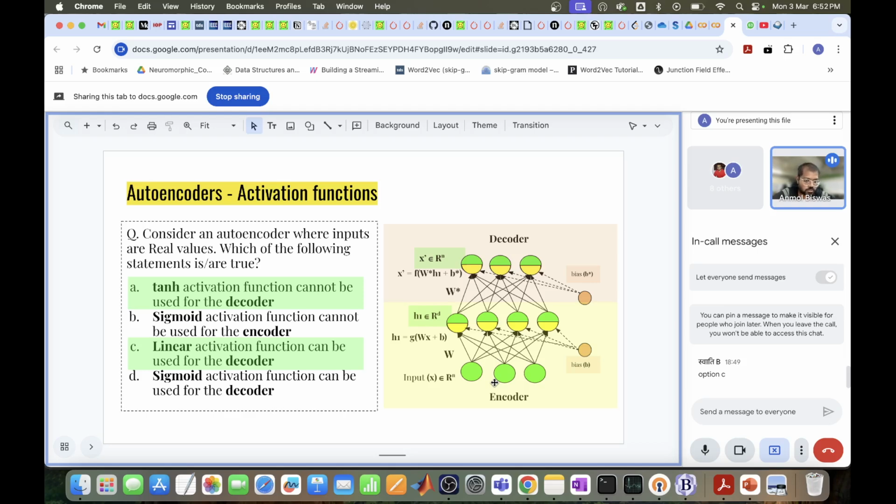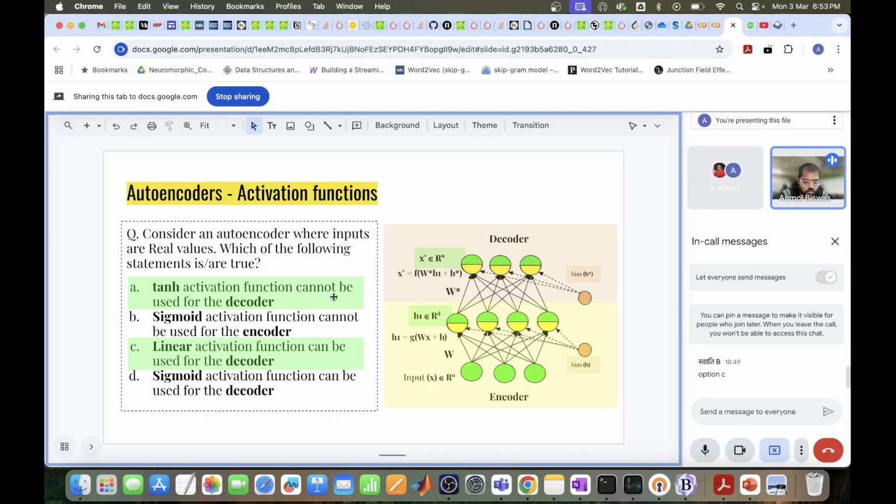We don't really care if the hidden layer activation function is sigmoid, tanh, ReLU, or whatever. So it can be sigmoid, which is what I'm trying to explain. So we cannot say that it cannot be sigmoid. Similarly, sigmoid activation can be used for the decoder.